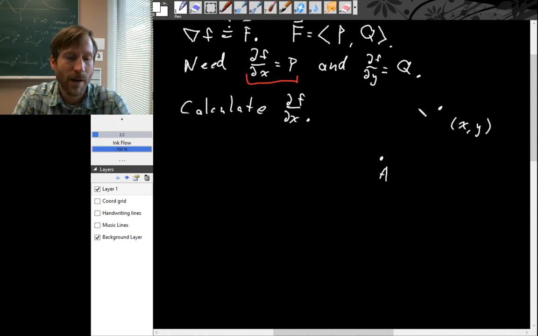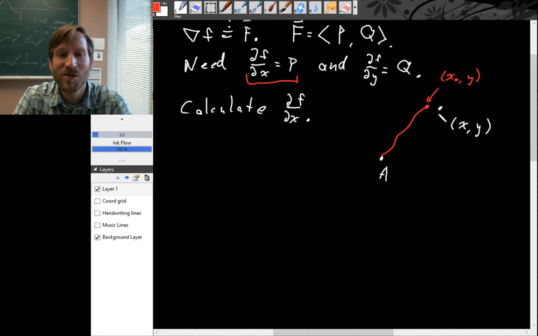So the first part of our path is going to go from A to a point very close to x comma y, and this point I'm going to call x naught comma y, and it's so close to x comma y that all we'll need to do to get to x comma y is just move to the right a little bit.